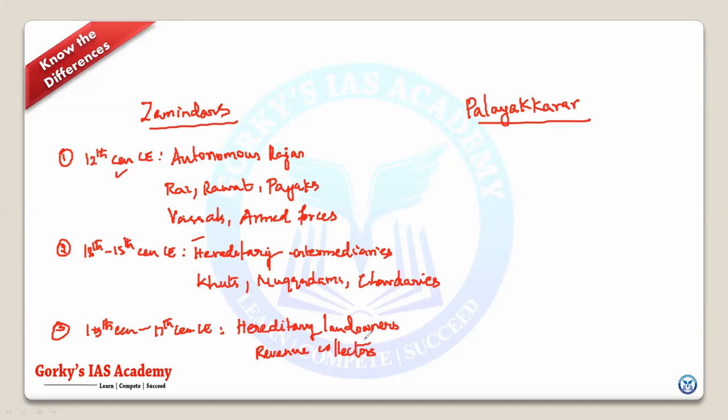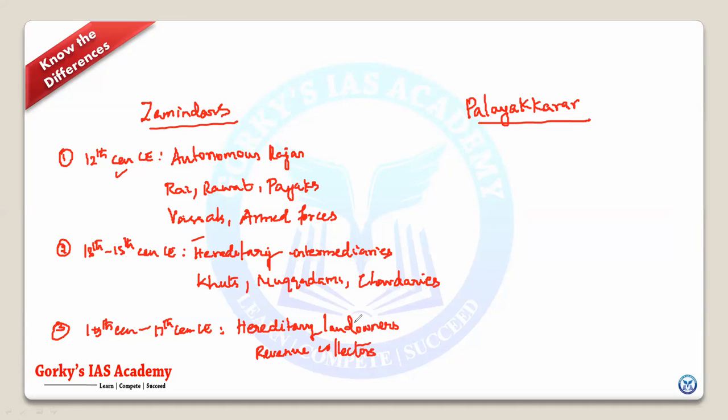However, during the British period, in the 18th century, the zamindar term was used for the highest bidders or the revenue farmers who didn't enjoy any armed forces. They acted as only agents of revenue collection. So that is a major difference when the British came to India and changed the very nature of zamindars.